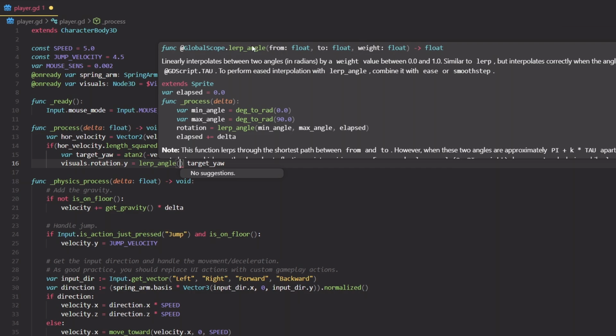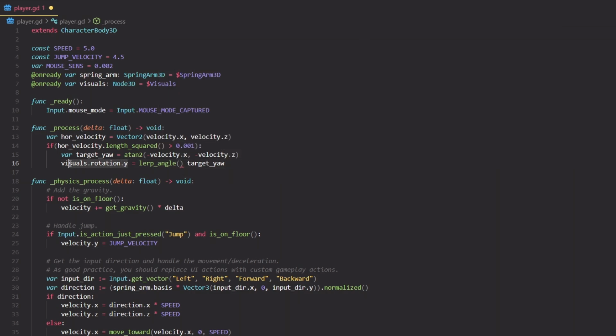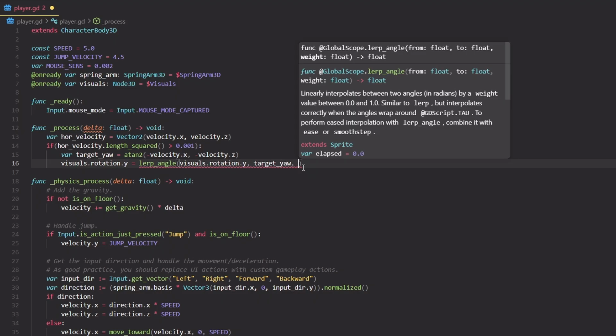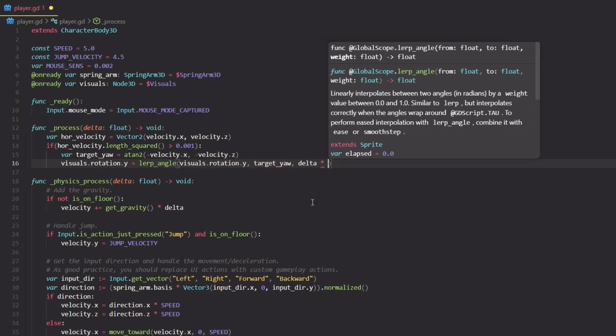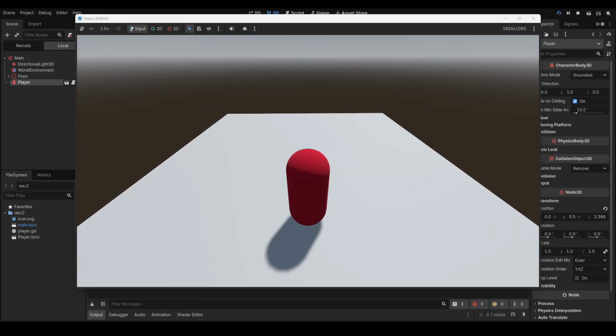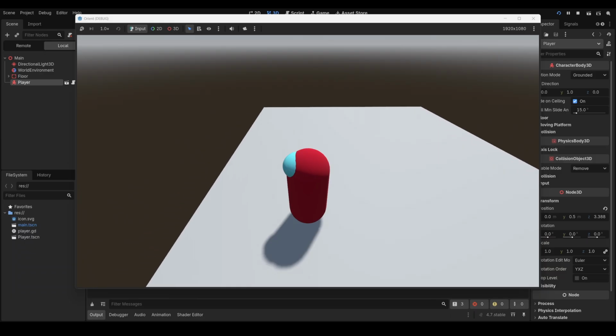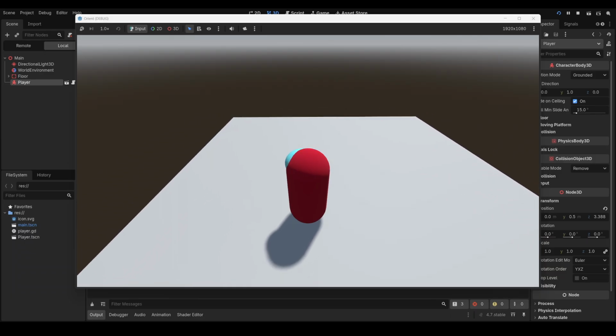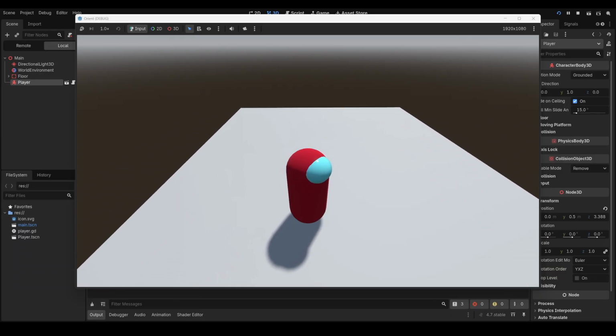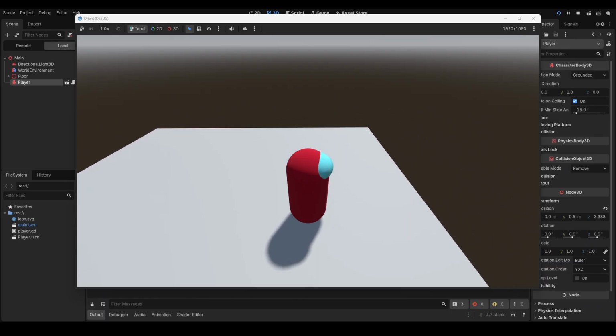So we want to lerp from an angle, which is, well, our current rotation, so you can just copy this number in. We want to lerp to our target yaw, and then with the weight, we choose how fast we are rotating. I'm just going to go with delta times 15, and that should give us a pretty good smooth animation. So if I now move around, you can see that we are not snapping to the orientation directly, we are slowly moving towards it, and that makes everything smooth and nice.